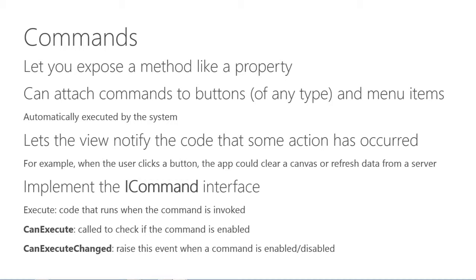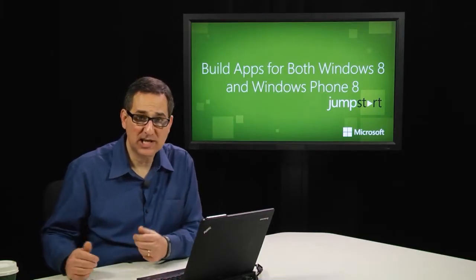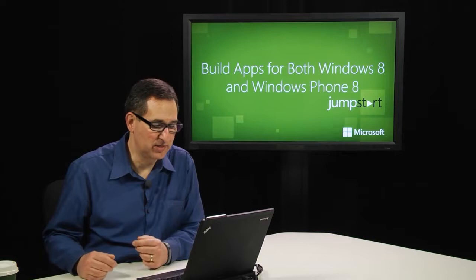The view notifies the code and some action happens. Again, moving your code from your view to your view model makes it more portable, more maintainable, and more testable. Generally, it's a good thing.